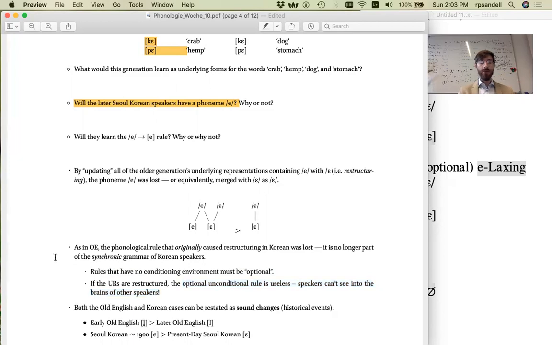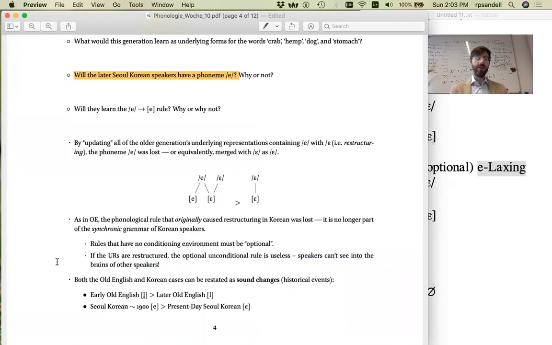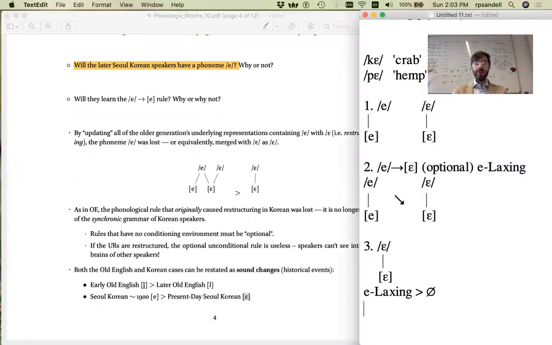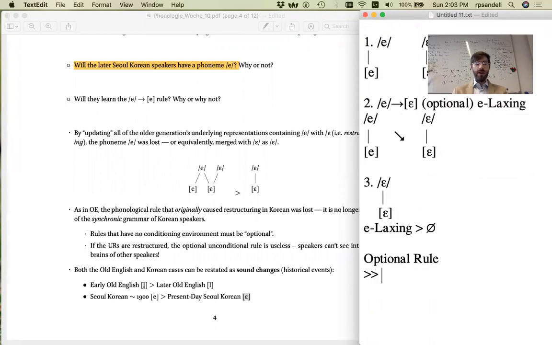And if we state both these events in Old English and Korean as sound changes, historical events, then we can describe early Old English voiceless l becoming later Old English l, and Seoul Korean approximately a century ago, having the tense vowel e, becoming the lax vowel e in present day Seoul Korean.